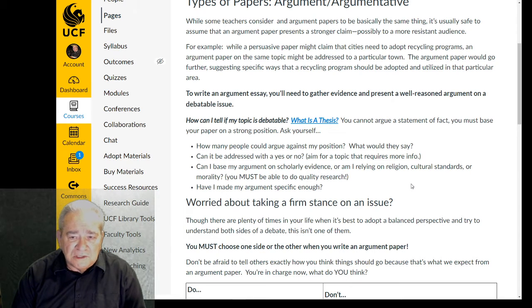But it also talks about cultural standards, and that's one of the difficulties that we have, that many social issues become cultural issues, and when you have competing cultures, it's very hard for them to coexist.